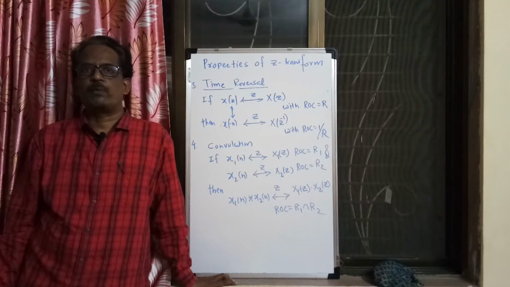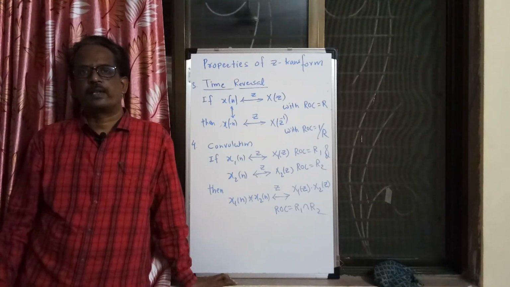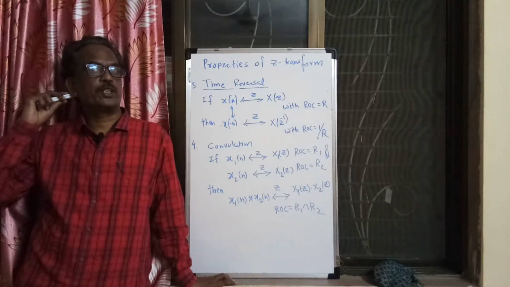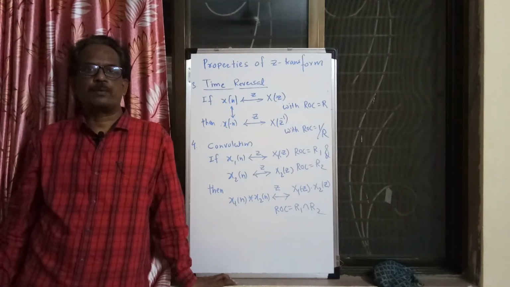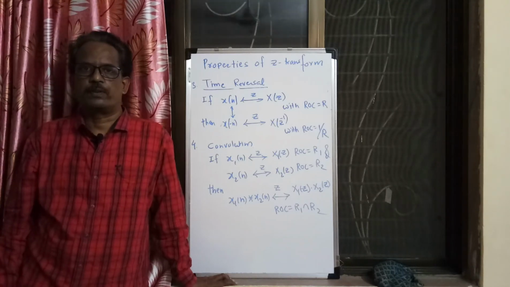Finding the convolution takes a lot of time. So using this property, as I told you earlier, algebraic manipulations are very easy in z domain compared to other domains. In frequency domain also it is difficult to find the Fourier transform, multiply those Fourier transforms and get the inverse. But in z domain, many times by inspection we can find the inverse of the given z transform.